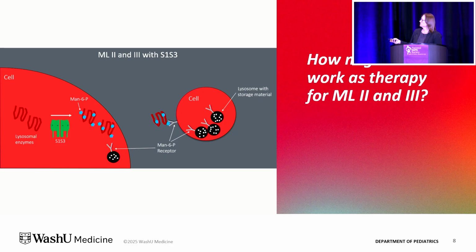That will allow them to cross-correct their neighbors, so go to the other cell, bind that mannose-6-phosphate receptor, and then enter those lysosomes to correct the storage in the neighboring cell. By this means, you wouldn't necessarily need to treat every cell with S1, S3, just enough cells so that the decorated proteins can exit and cross-correct their neighbors.